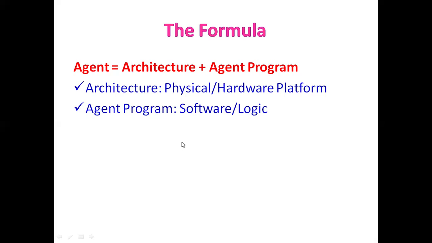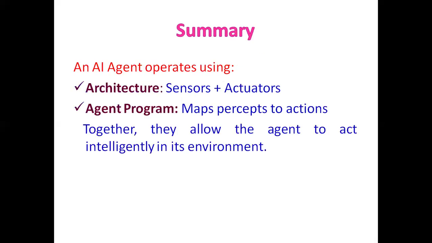The agent program, on the other hand, is the software or logic that governs the agent's behavior. It processes sensory inputs, makes decisions, and determines the appropriate actions the agent should take based on its goals and the environment. Together, the architecture and agent program enable the agent to function autonomously or in response to user inputs.